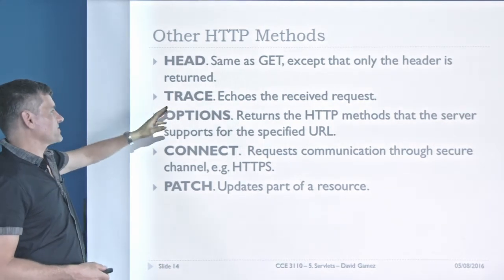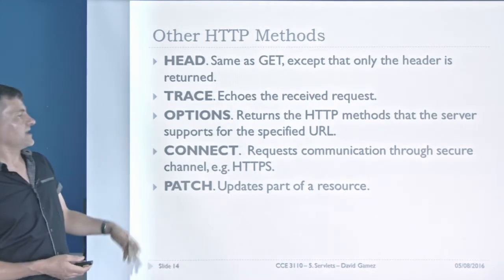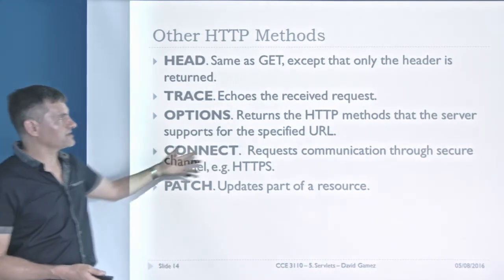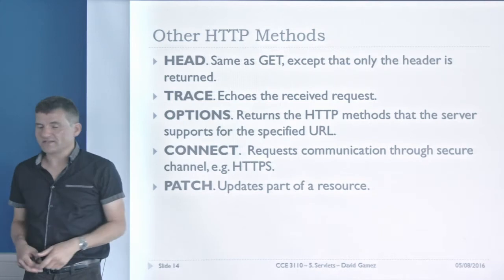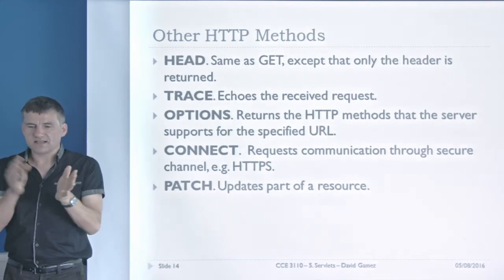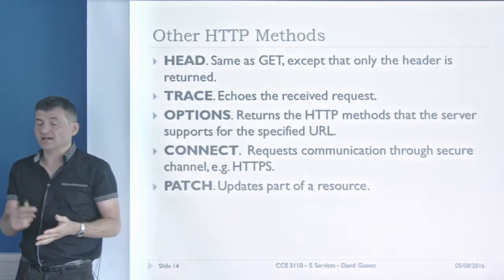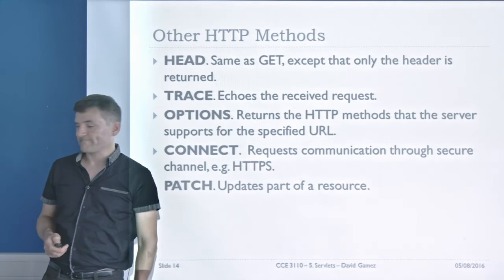Trace echoes it, options returns the methods that are supported for the specific URL, connect, patch. So there are various bits and bobs you don't have to worry about too much. Just remember that HTTP defines a large number of different methods, of which four are the key ones, which are get, put, post, and delete. Okay.